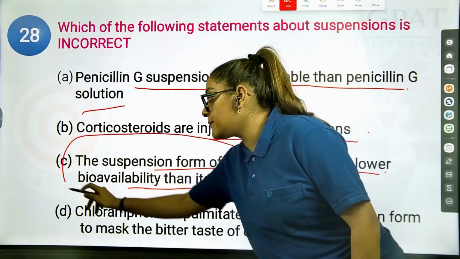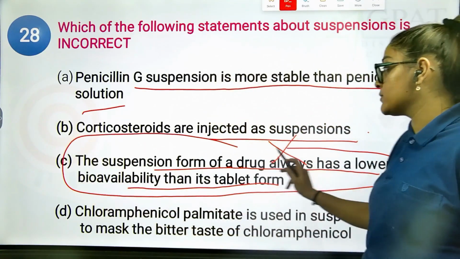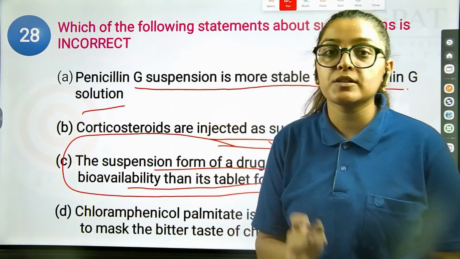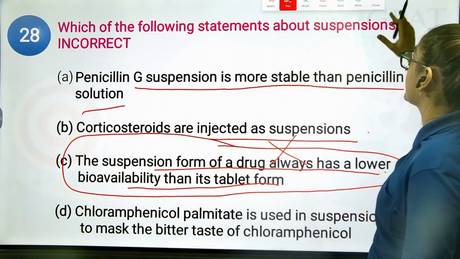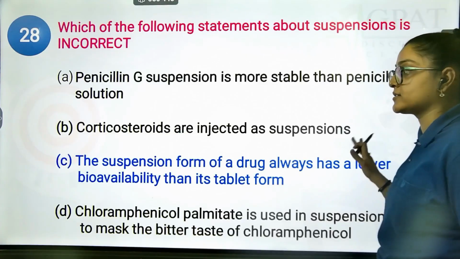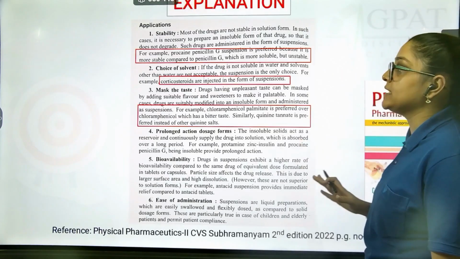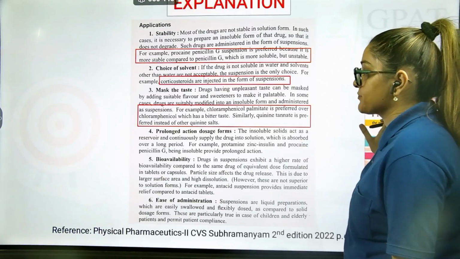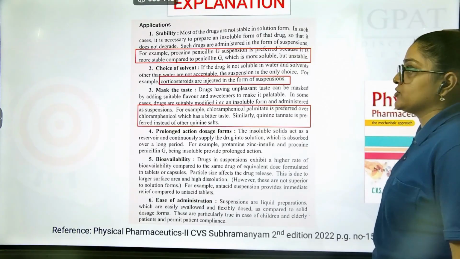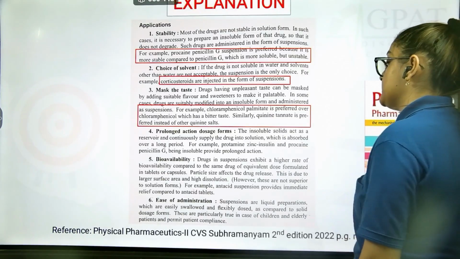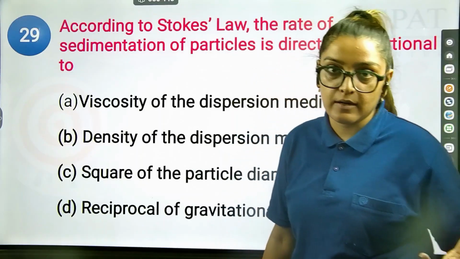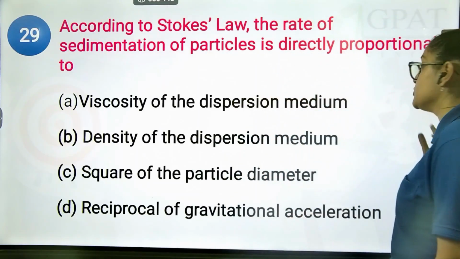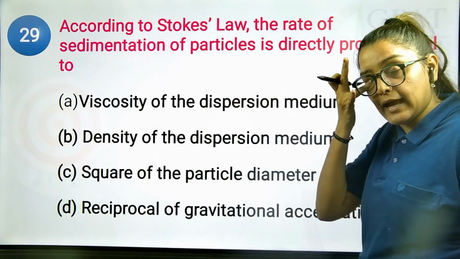If you look at the bioavailability order, we have seen the solutions and then the suspensions have the highest bioavailability, right? So this is a direct incorrect statement, option number C. Okay. So drugs in the suspension do exhibit higher bioavailability, not higher as compared to the solution state, but definitely higher than the tablets.